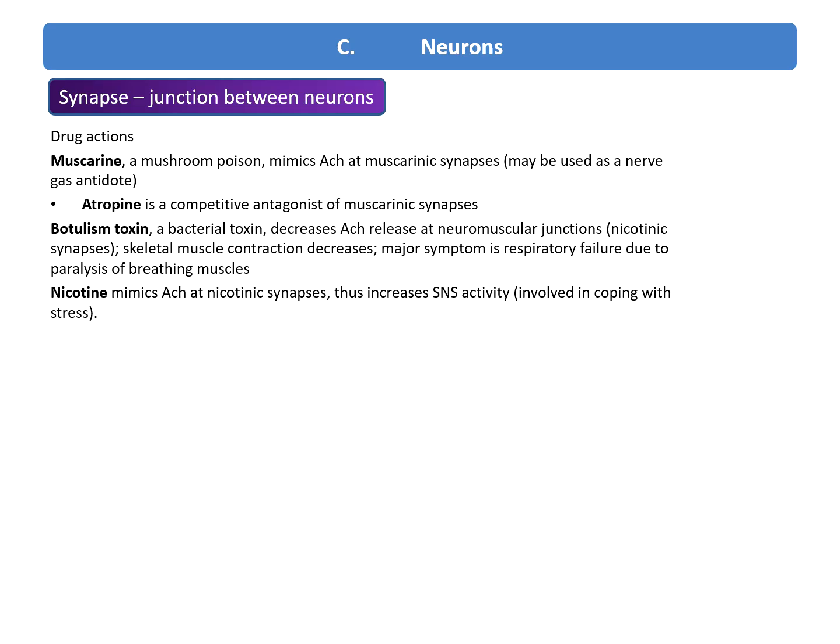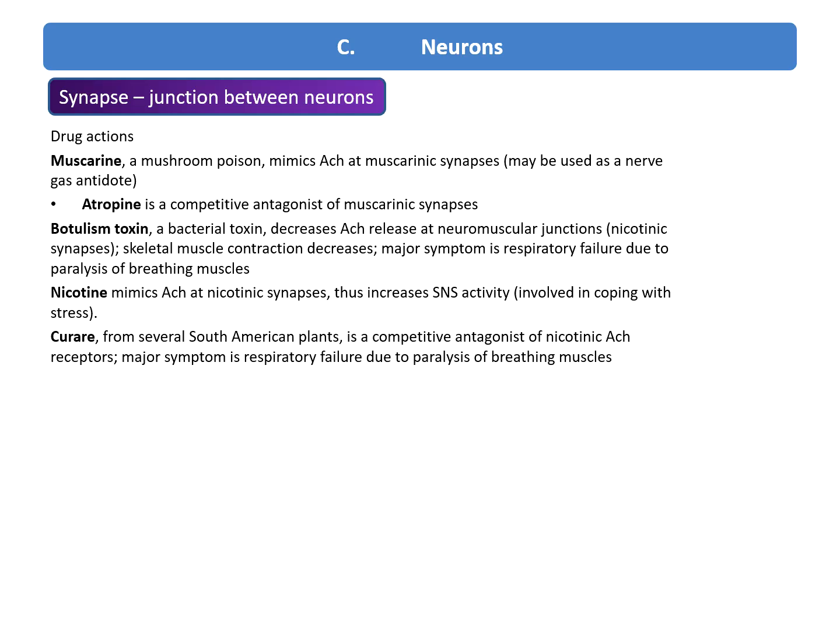Nicotine mimics acetylcholine at the same synapses, thus increasing sympathetic nervous system activity. And as you'll see, this is involved in coping with stress. Curare comes from several South American plants, is a competitive antagonist of nicotinic acetylcholine receptors.